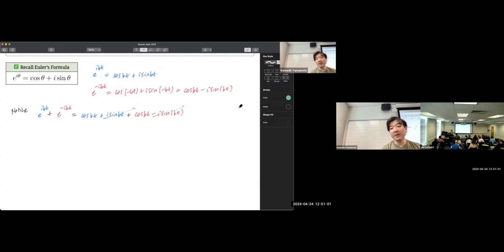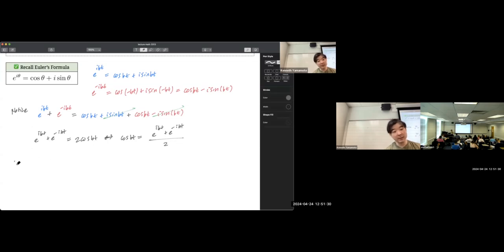So then we end up getting that e to the i bt plus e to the negative i bt is equal to 2 cosine of bt. And so we know from this that cosine of bt is equal to these exponentials divided by 2.